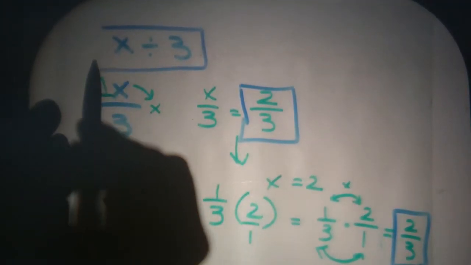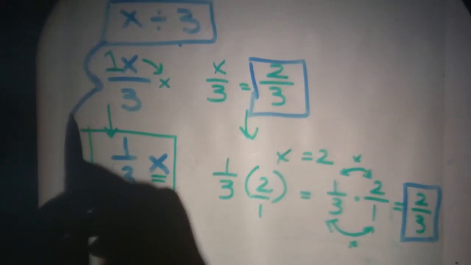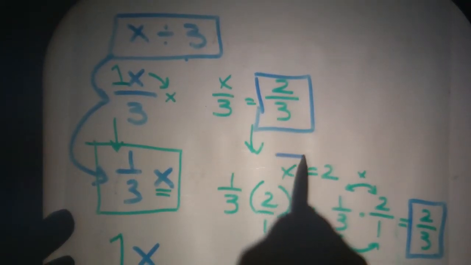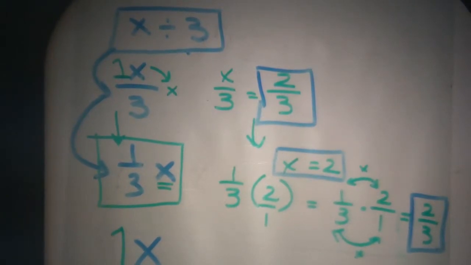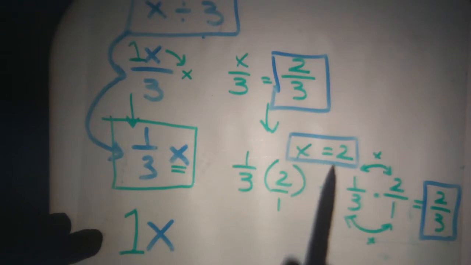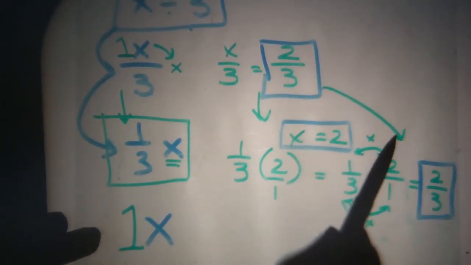So this means the same thing as this, which means the same thing as this. We proved it by substituting x for 2. To see if you have equivalent equations, always substitute x for a number. You should end up with the same solution for each one as we did here.